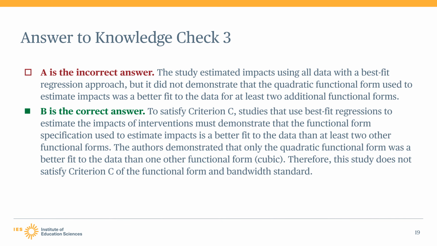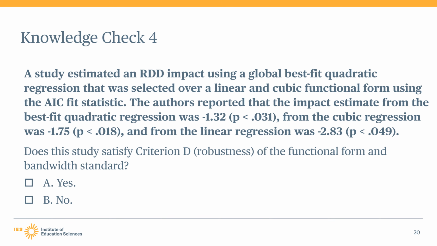All right, now it's time for your fourth knowledge check in this module. A study estimates a regression discontinuity design impact using a global best fit quadratic regression that was selected over a linear and cubic functional form using the AIC fit statistic. The authors report that the impact estimate from the best fit quadratic regression was negative 1.32, p less than 0.031.